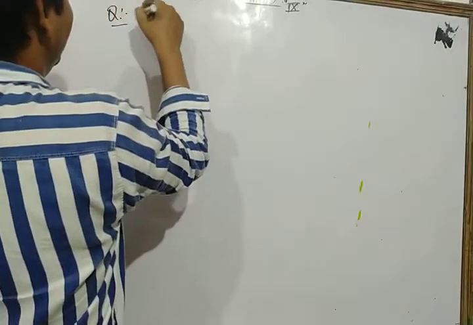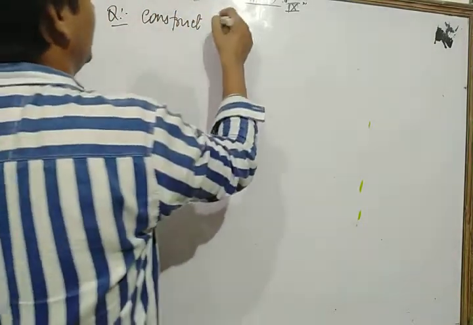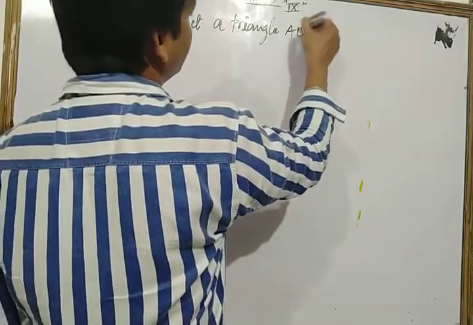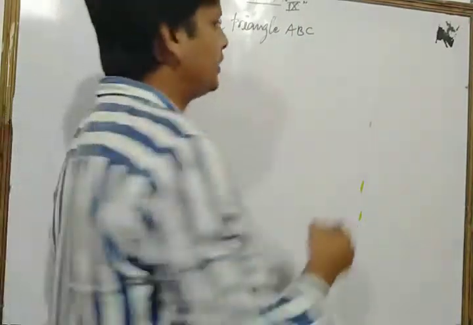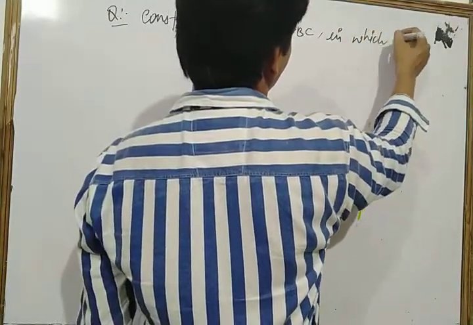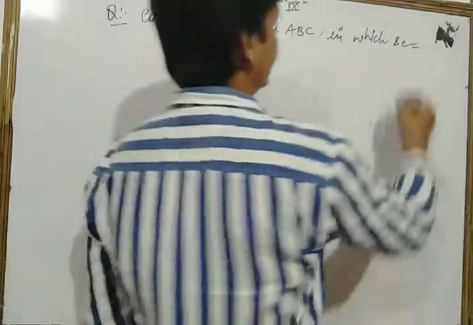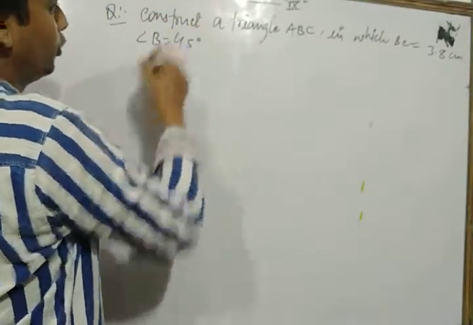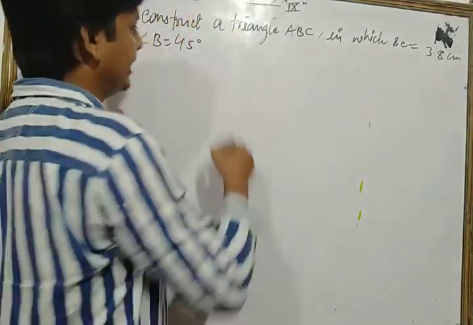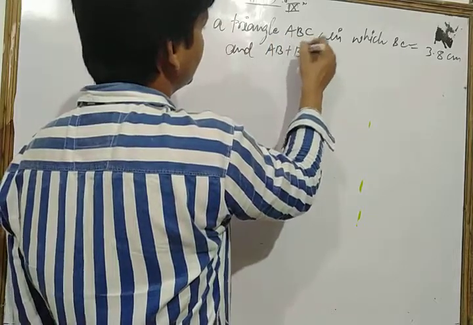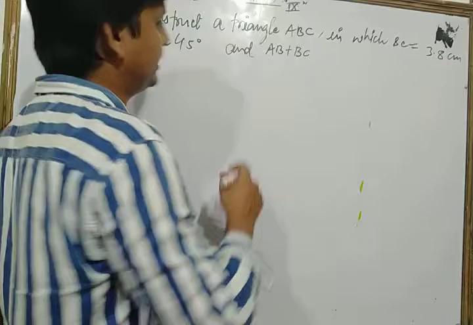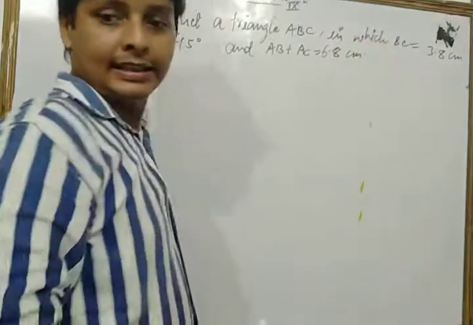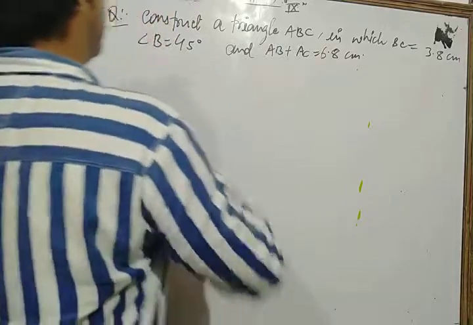Your question is: construct a triangle ABC in which the base BC is equal to 3.8 centimeter, angle B, that is the base angle, is 45 degrees, and the sum of the other two sides, AB plus AC, is equal to 6.8 centimeter.